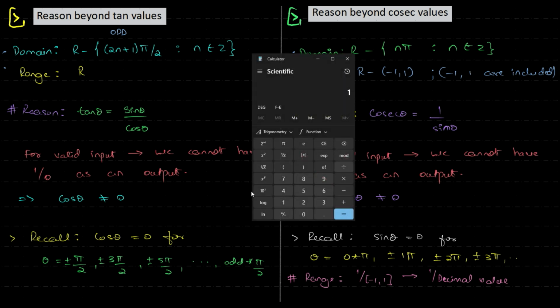Let's look at this. 1 divided by 0.2 is 5. 1 divided by 0.999, that also is more than 1. 1 divided by 0.001, obviously you get a very big value.